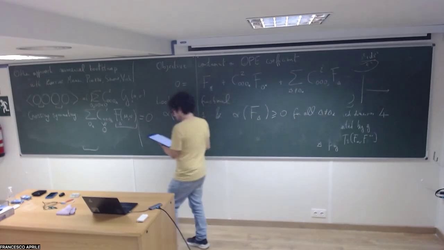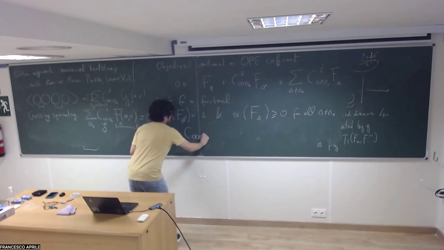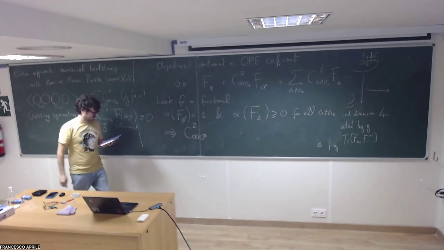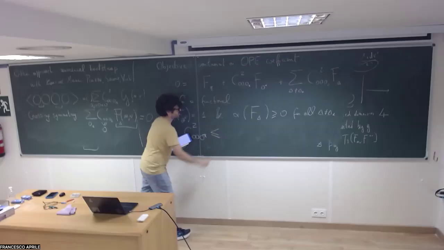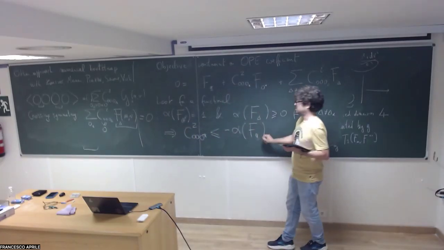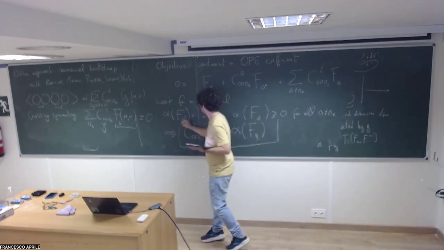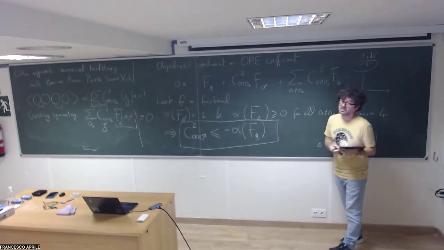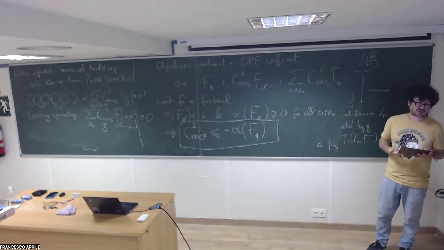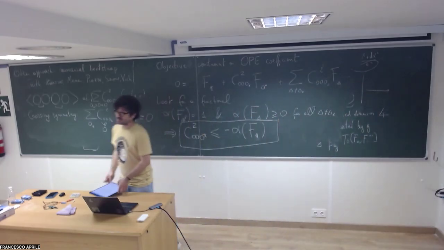And so you get a beautiful inequality, which is that this quantity must be smaller than minus alpha applied to the identity. Okay, so that's the way it works. So it was a very fast review, just because I want to tell you some idea of how it works in our example. Questions about this?